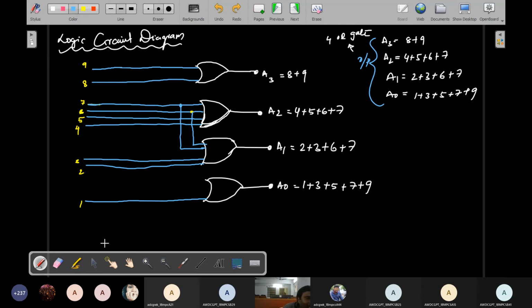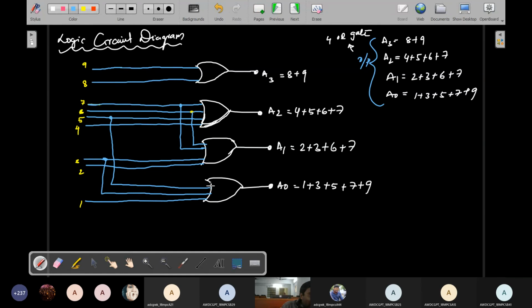See once again, it is easy, no problem. So 1 is not common for remaining logic gates, only 3 is common. So therefore simply draw this, the third input. So 3 is connected to 3, and 5 is simply connected to 5.